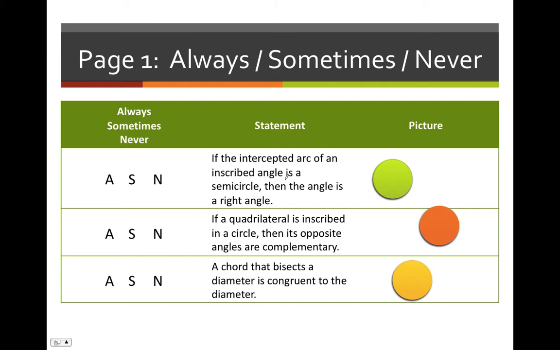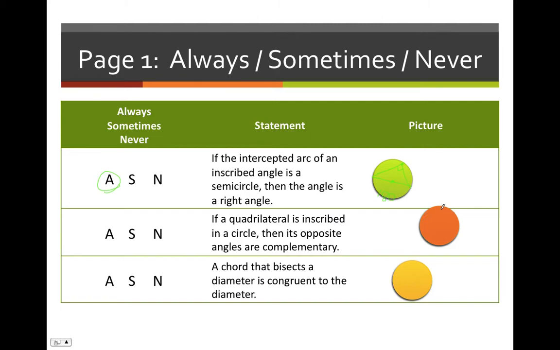All right, if an intercepted arc of an inscribed angle is a semicircle, so here's my inscribed angle, that's a semicircle, then the angle is a right angle. Because this is 180 and inscribed angles are 1/2 their intercepted arc, that would be always.